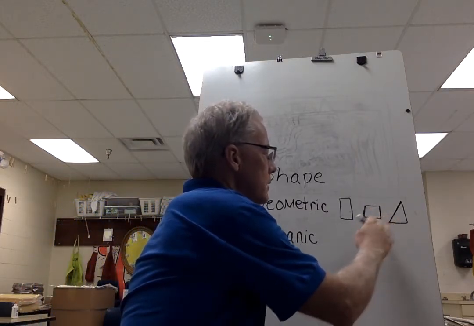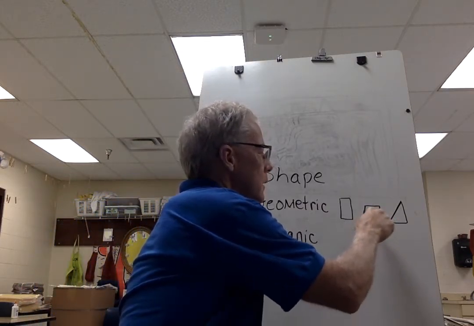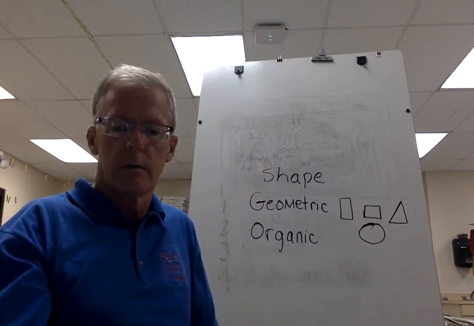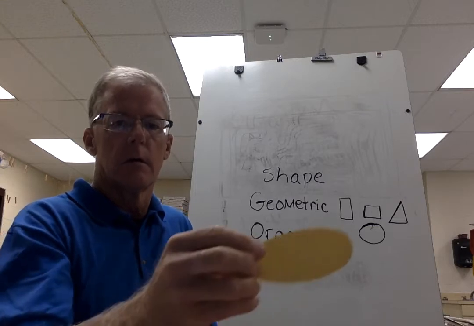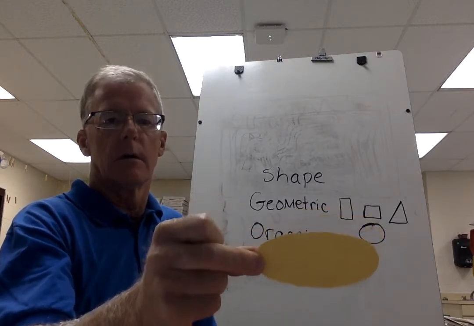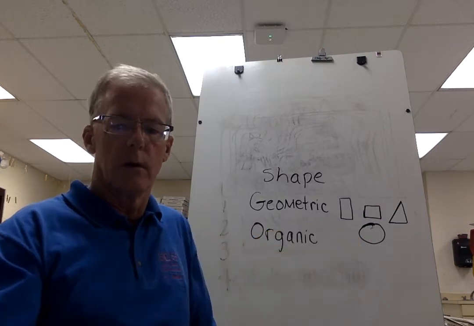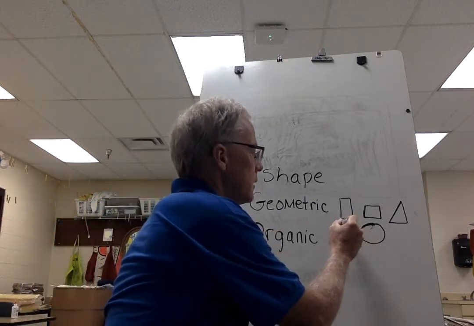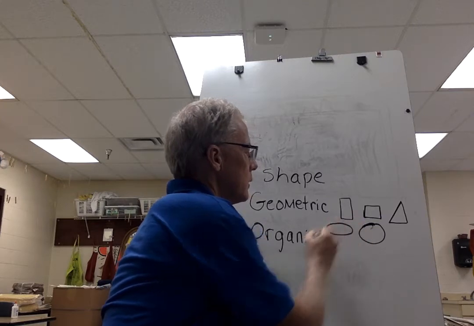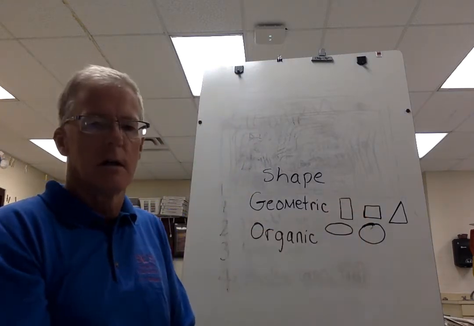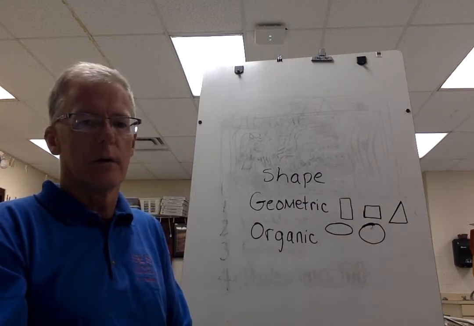Goes into geometric. I've got one more I want to show you. Oh, what's this one? Oval. Yes, oval. Related to the circle, it looks like. Looks like that circle's been smashed. And we've got an oval.